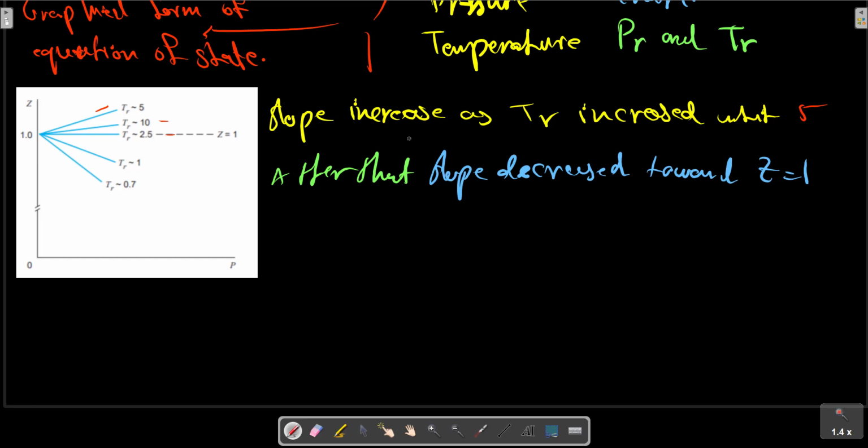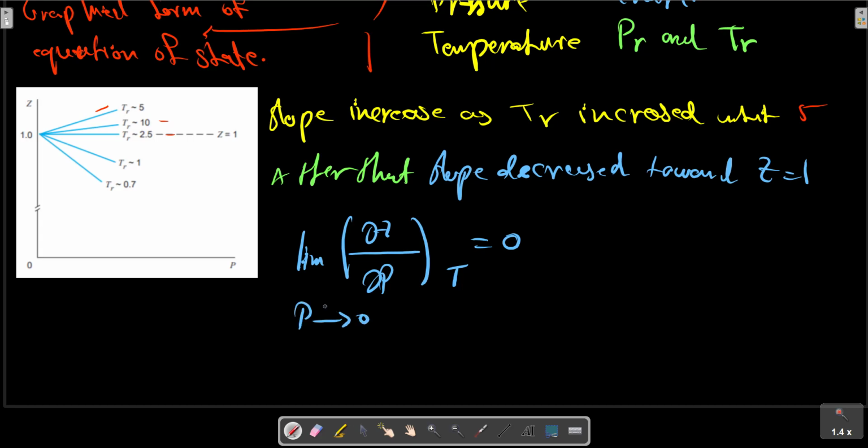There is a single temperature, about 2.5 times the critical temperature, which is defined as the Boyle temperature of substances.